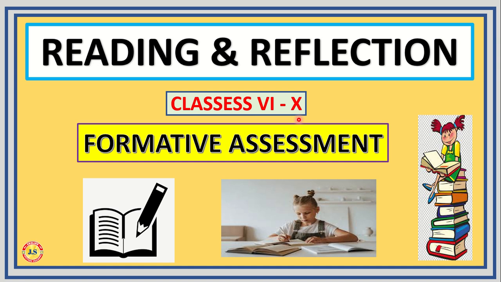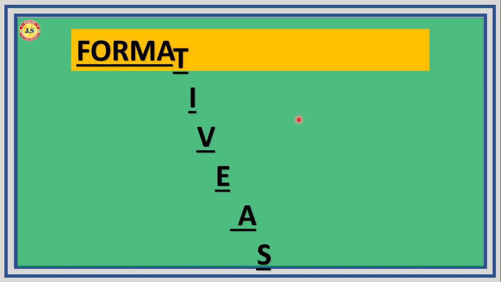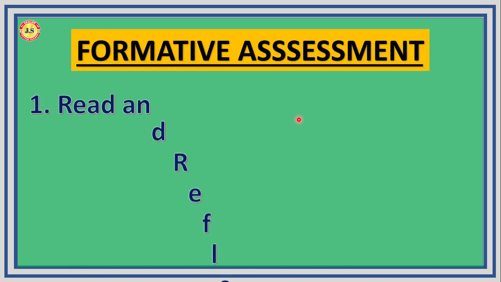That is reading and reflection. Now I would like to explain how to write read and reflect step by step in chronological order. Before that, let us see the four tools of formative assessment.